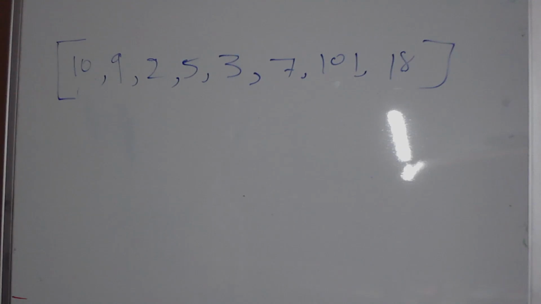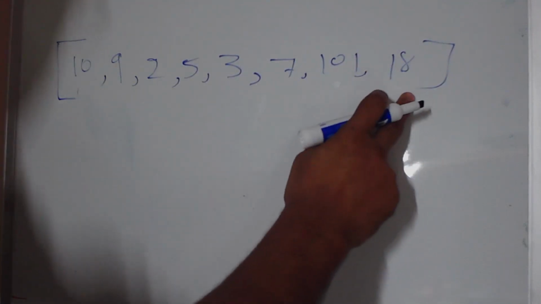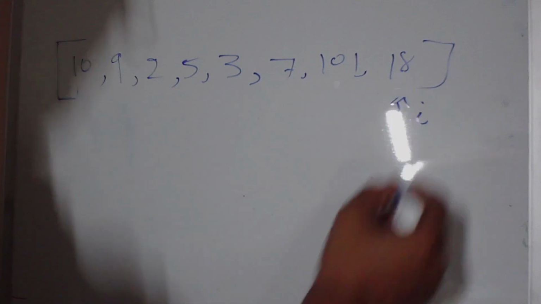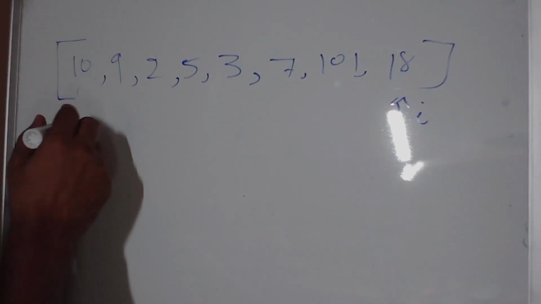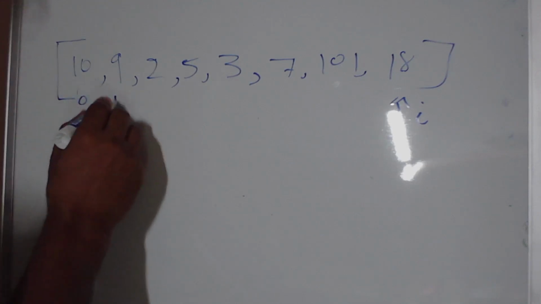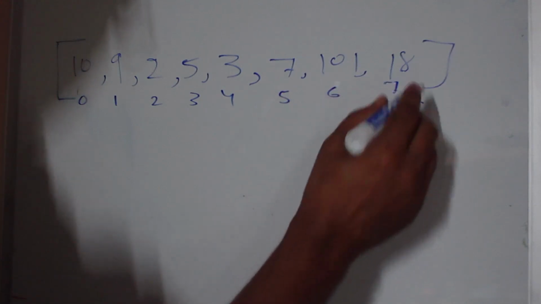We can calculate this in a dynamic programming way from right to left. So we're going to start from the right side and create a pointer, let it be I. Let's put the indices here: 0, 1, 2, 3, 4, 5, 6 and 7.